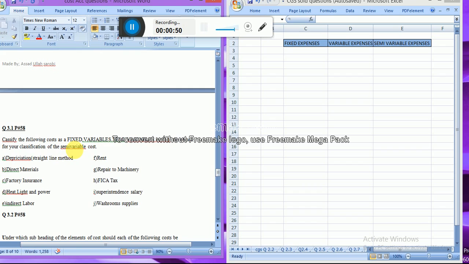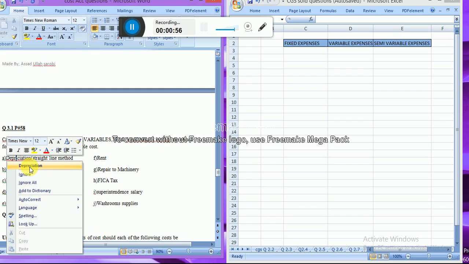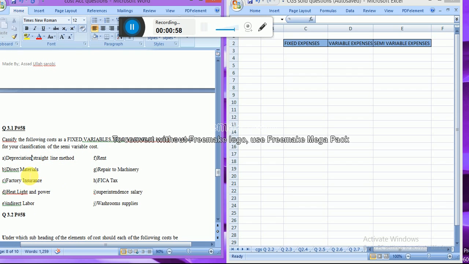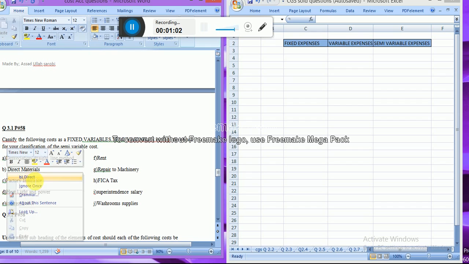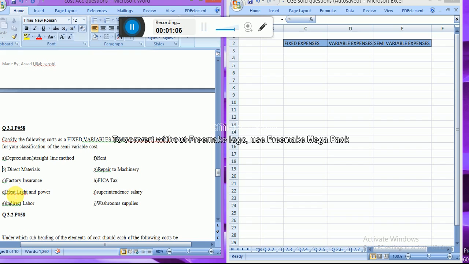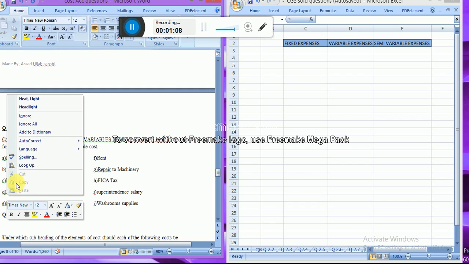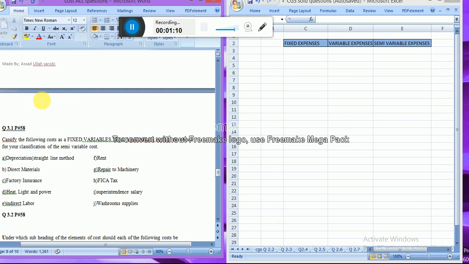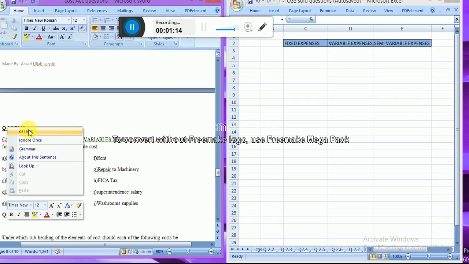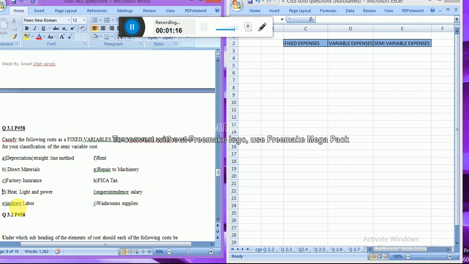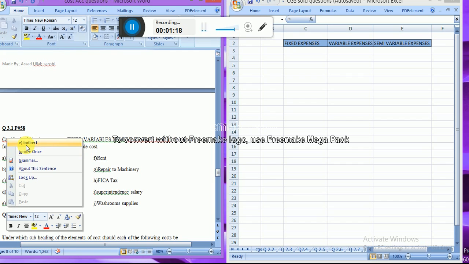Part A, depreciation straight line method. Part B, direct materials. Part C, factory overhead. Part D, heat, light and power. Part E, indirect labor.